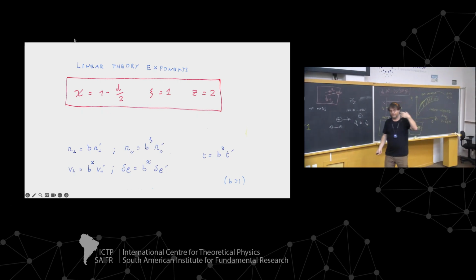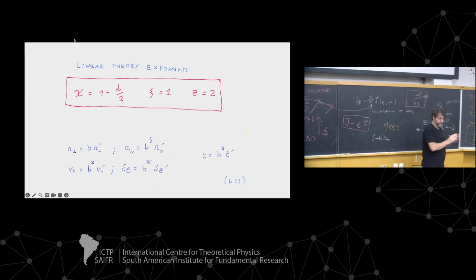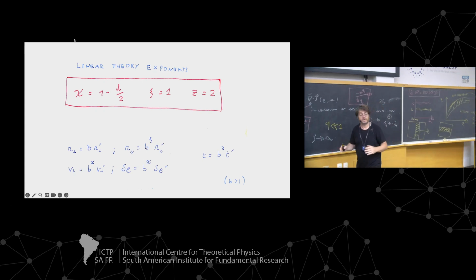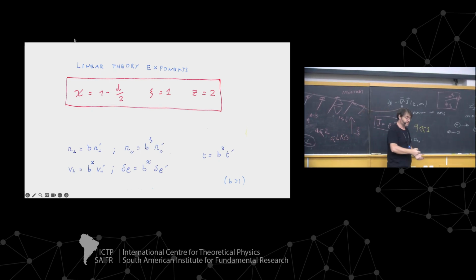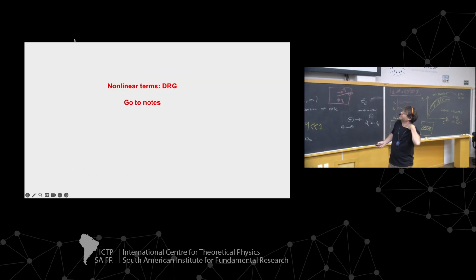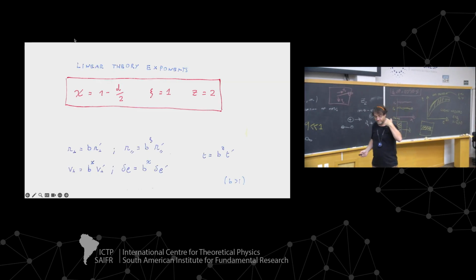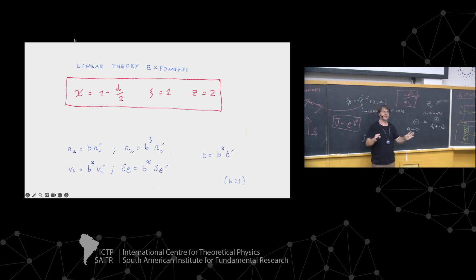This formally means that you need to integrate your equation of motion over all, let's say, the modes which are very large, since very large modes mean very small scales. The interesting thing is that if you do this on a linear system, nothing changes, okay?